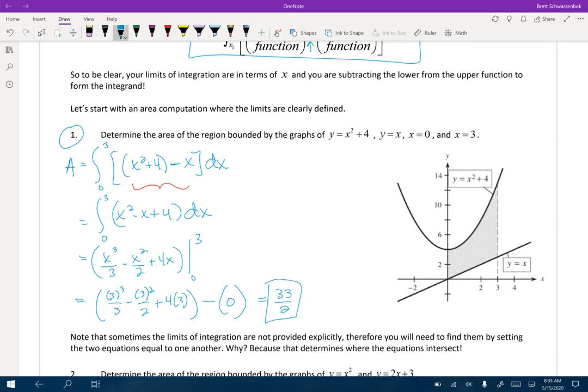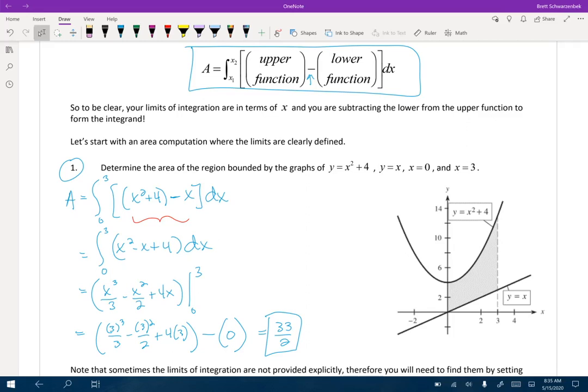curves. Okay, a couple things I want to point out here that are very important for where confusion starts to set in. First thing, this answer is always going to be positive. Always positive. Why? The purpose of this formula, by saying upper minus lower, is guaranteeing that the area computation will result in a positive.